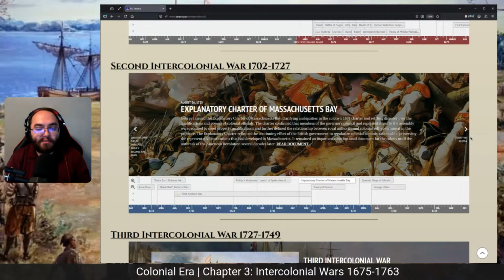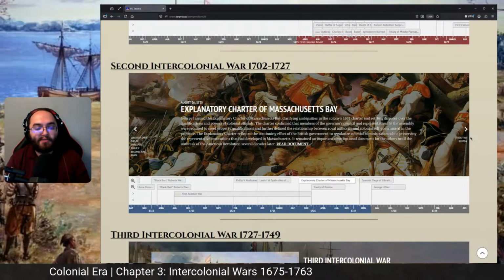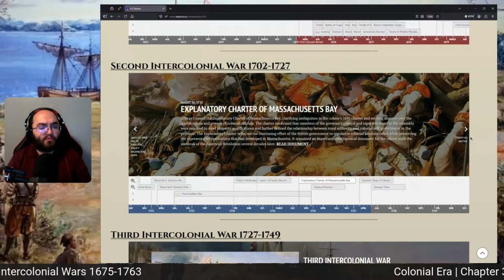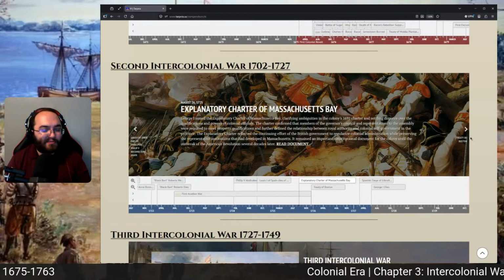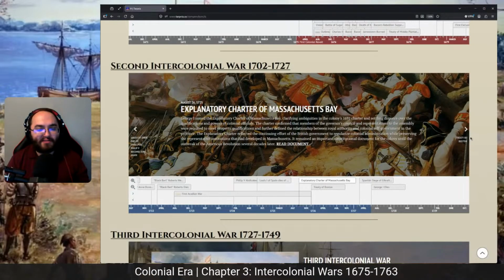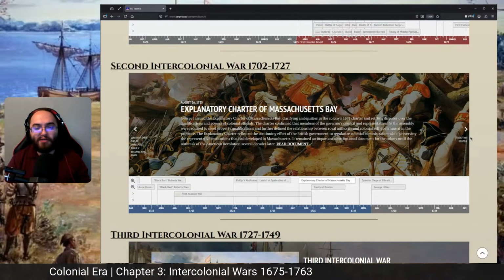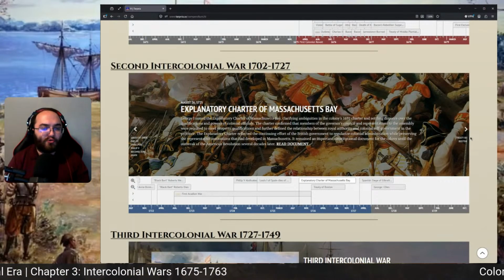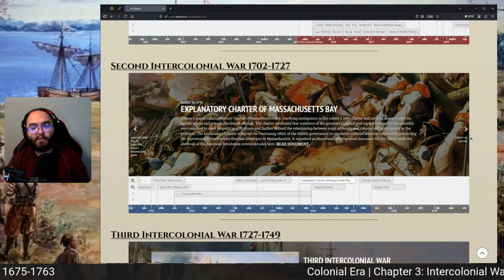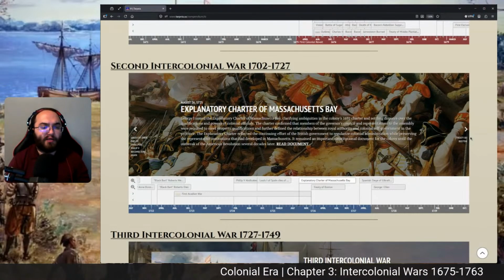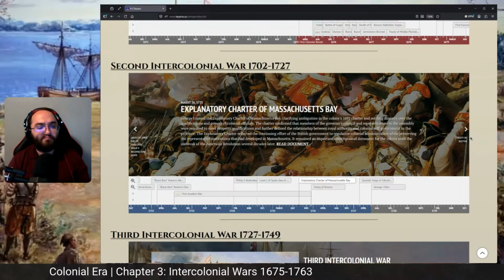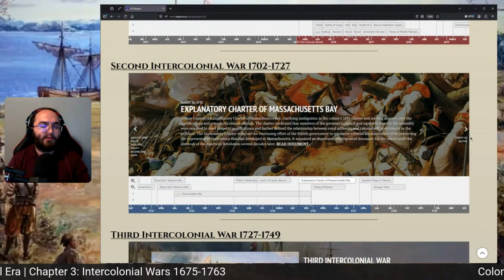I'm not really convinced that salutary neglect was an actual policy or an actual thing that happened, because the British are fighting pirates, they're issuing and then reissuing these charters, they're reorganizing the colonies, they're impacting the trade with the Navigation Acts. You have all these regulations going on by the King and Parliament on the colonies.